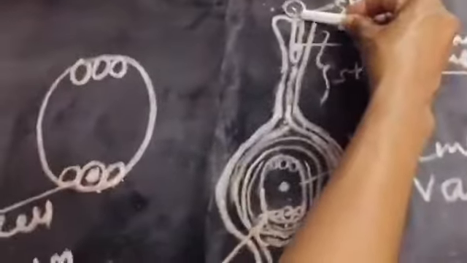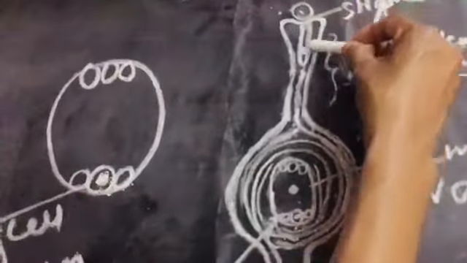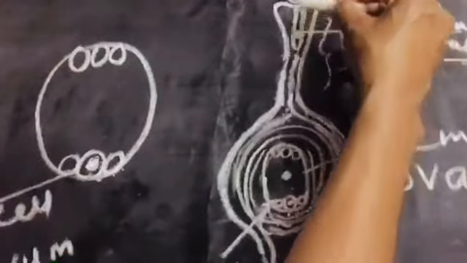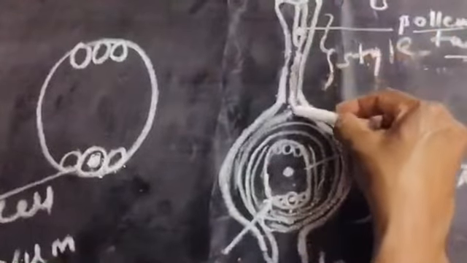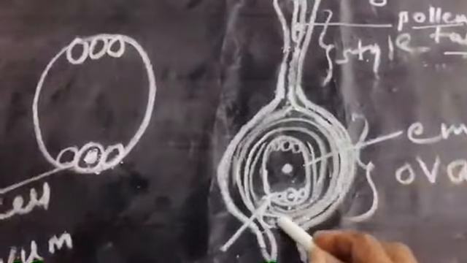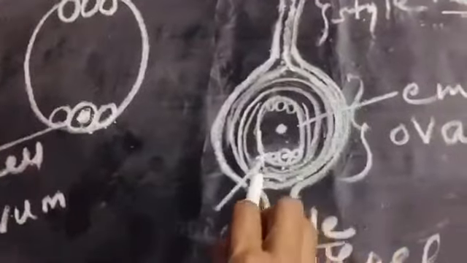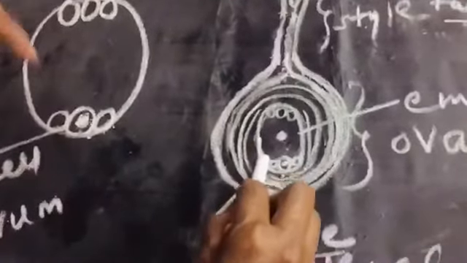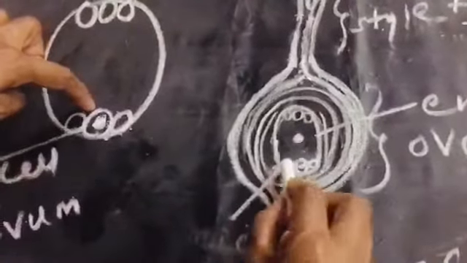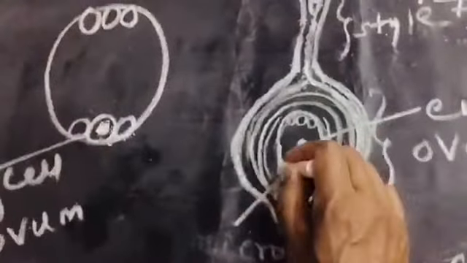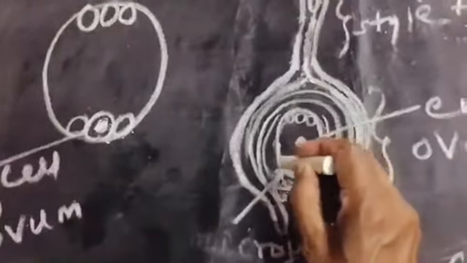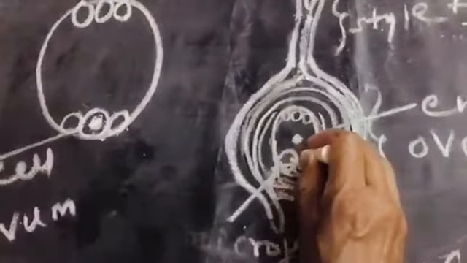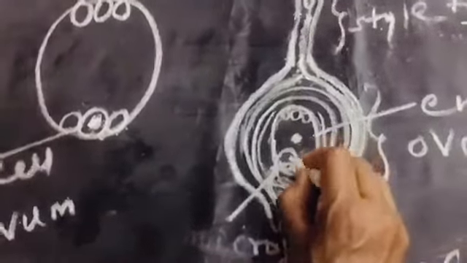I have told you already, the pollen grain germinated to form a pollen tube, and the pollen tube is carrying the male nucleus. It grows downwards through the style, reaches the ovary, then reaches the ovule. Through the micropylar region, it enters the ovule and reaches the embryo sac. And the male nucleus in the pollen tube enters the embryo sac and fuses with the egg cell.